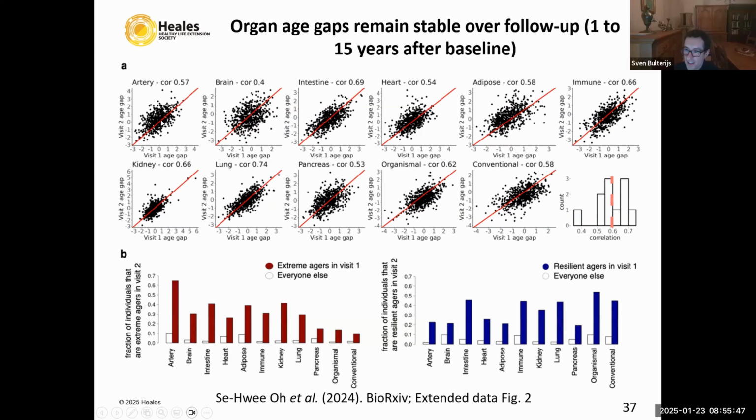You don't just rejuvenate spontaneously. And that you see here as well for the people who are more old and the people who are younger. You see if you are very old in the arteries at the first visit, you are still very likely to be very old in your arteries at the second visit. You don't show much rejuvenation.